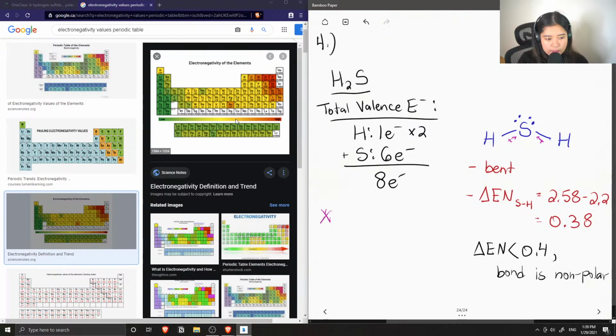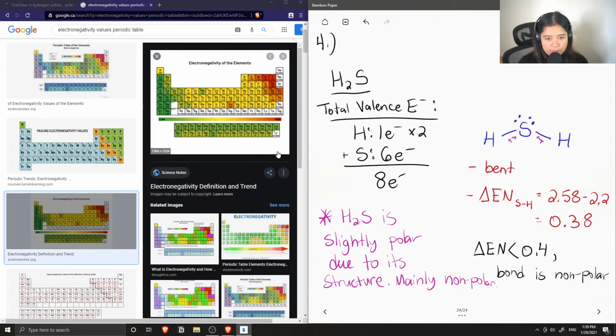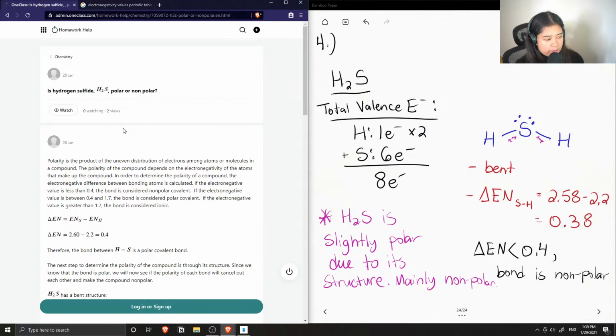So I would say that for this question, H2S is considered slightly polar, just due to its structure. But mainly nonpolar, because the bonds that comprise this molecule are nonpolar. So if we have nonpolar bonds, then that means we have a nonpolar molecule. So again, it's a bit up for debate. So let's see what the junior tutor said.